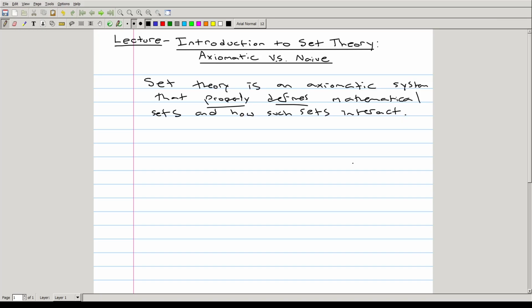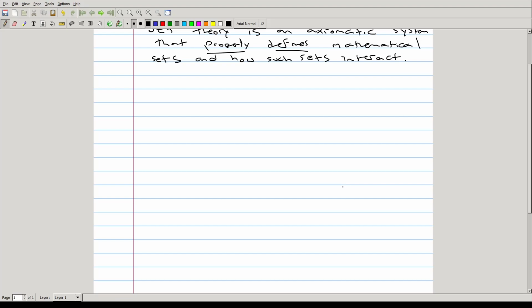And in some sense, there are two different ways of going about learning set theory. An easier way and a slightly more difficult route. The easier way is what's called naive set theory, and the more difficult route is called axiomatic set theory.